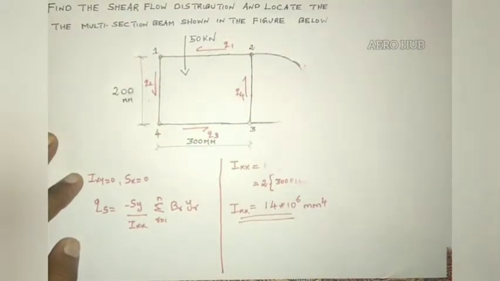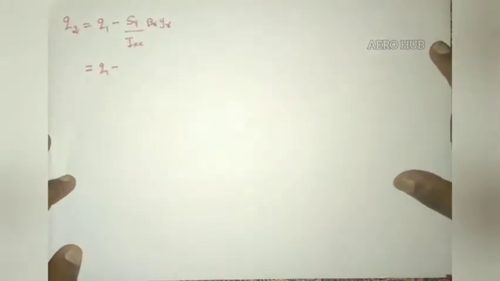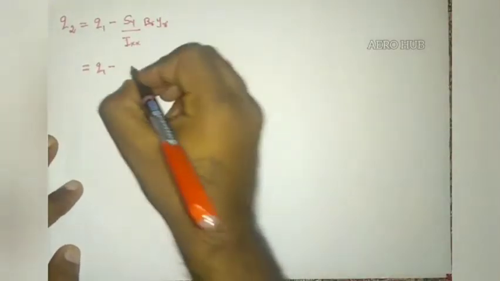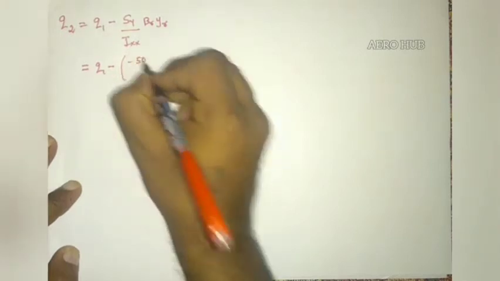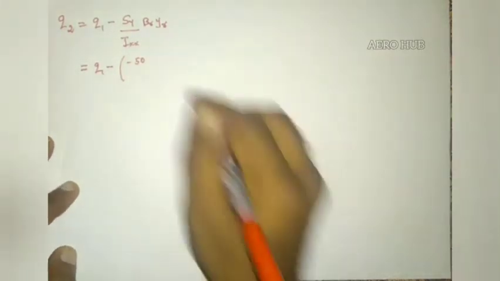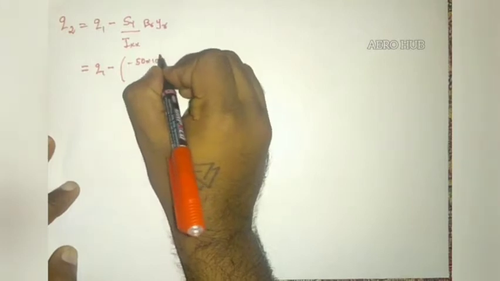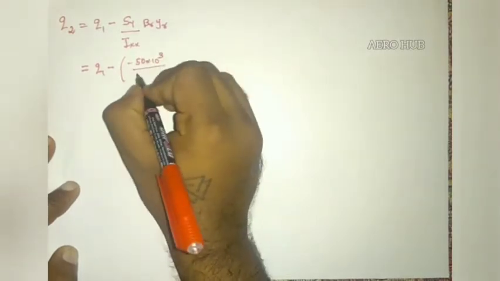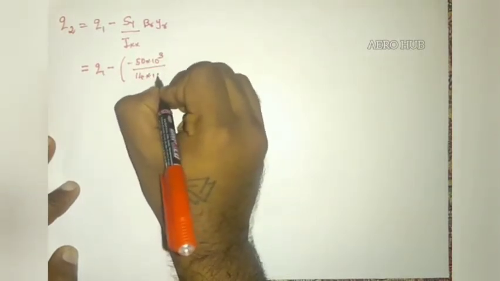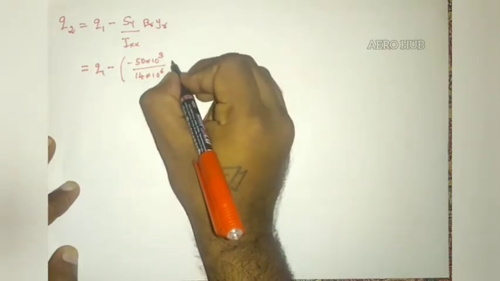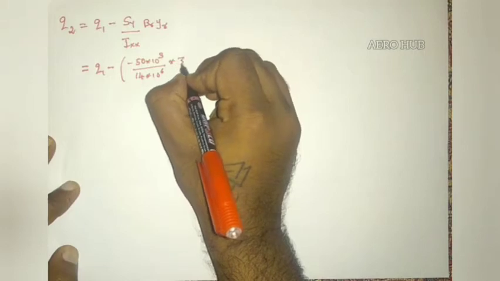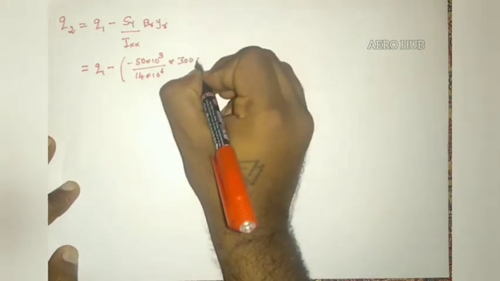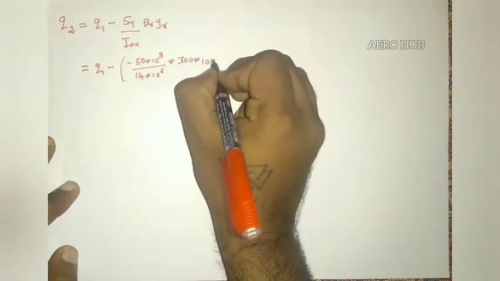Okay, now I will write Sy is minus 50 into 10 power 3 divided by 14 into 10 power 6 multiplied by the boom area. The boom area is 300 and the distance from neutral axis is 100.